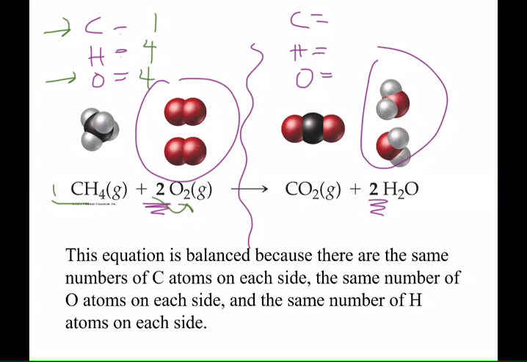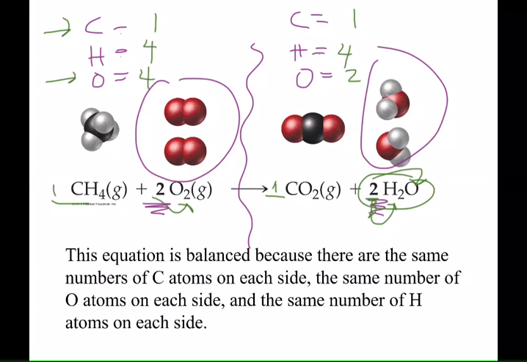So over here on the product side, how many carbons do I have? Well, this is a 1. I have 1 carbon. How many hydrogens do I have? Well, I've got 2 waters, and each water has 2, so I'm liking 4 for that. And how many oxygens? Well, I have 2 H2Os, and each H2O has 1 oxygen, so I'm liking 2 for that. Oh, wait a minute.